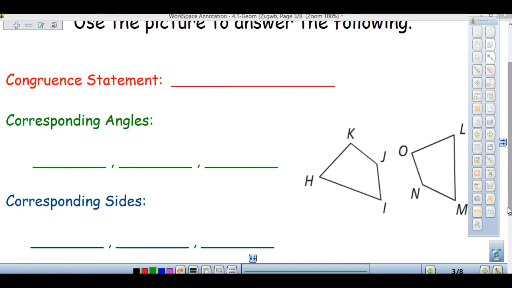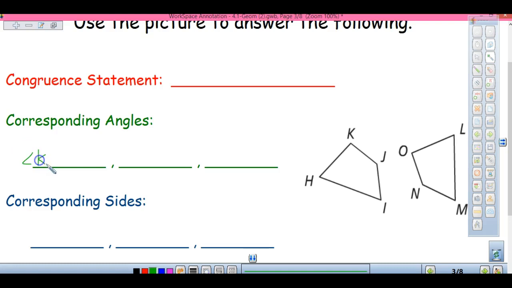This one's kind of hard to see, but we will talk about it. We can take this and turn it like that. So let's talk about this.